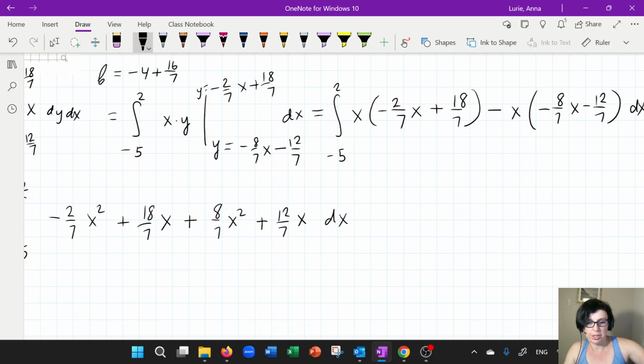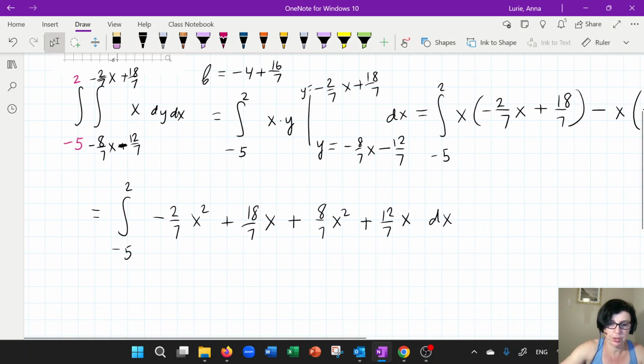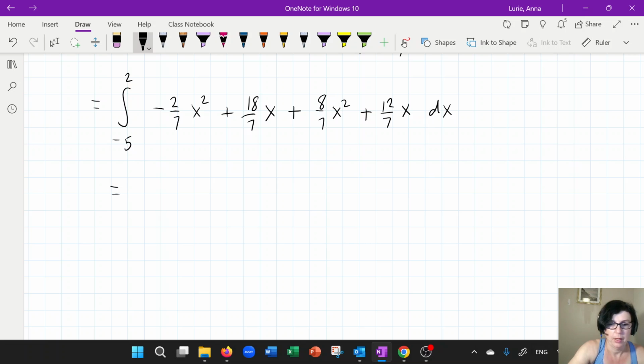Okay, so we just have to collect like terms, which is not that hard. So -2/7 plus 8/7 is 6/7 x squared. And then here we have 18 and 12, that's 30/7 x.